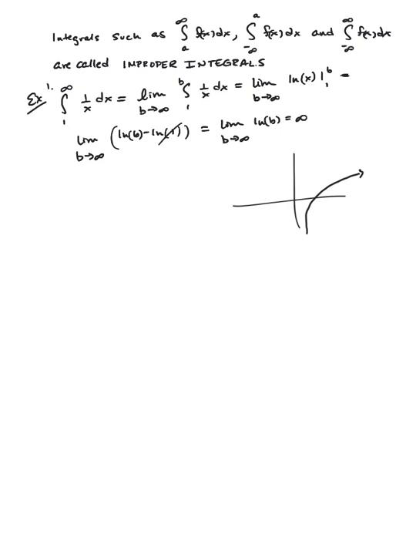Now, just to give you a heads up, because we're going to be going into series tests: when you get infinity, that means that the integral diverges. Diverges means that you're not going to be able to peg down that area, okay? So the area is infinite.